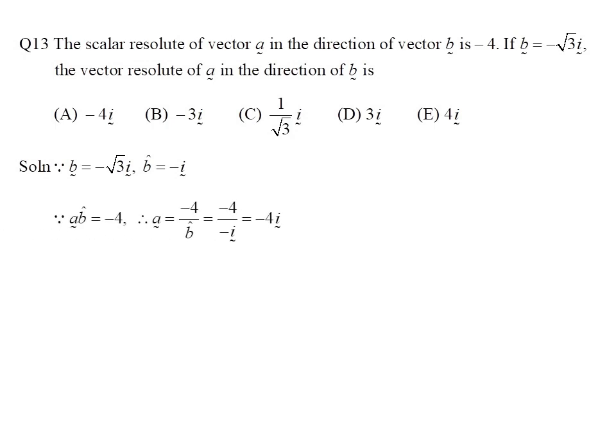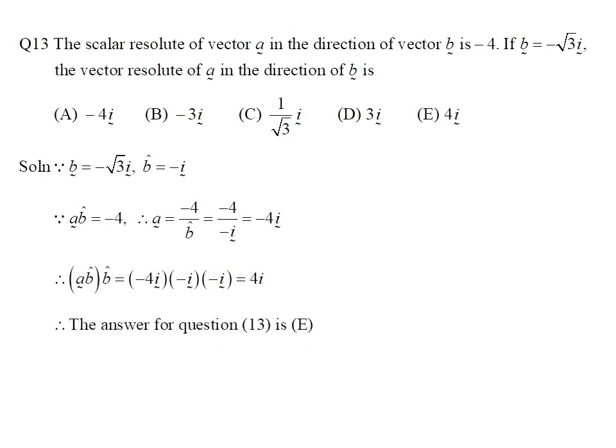Because vector A dot product B hat equals -4, the vector resolute, (A dot product B hat) B hat, equals negative 4 times negative i, which equals 4i. So the answer for question 13 is E.